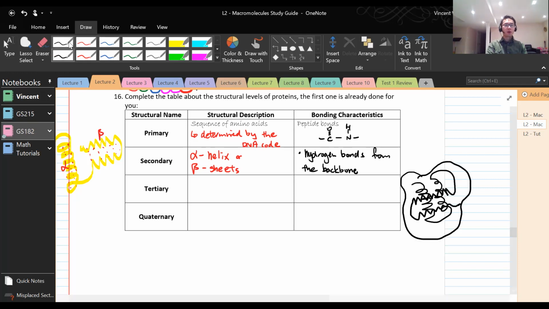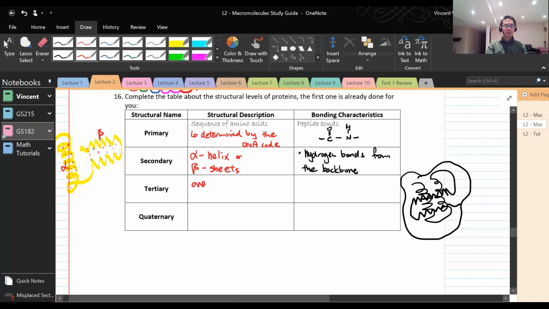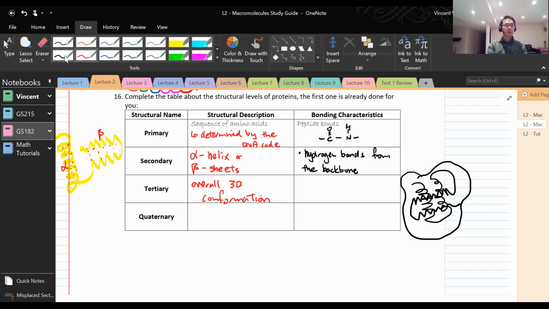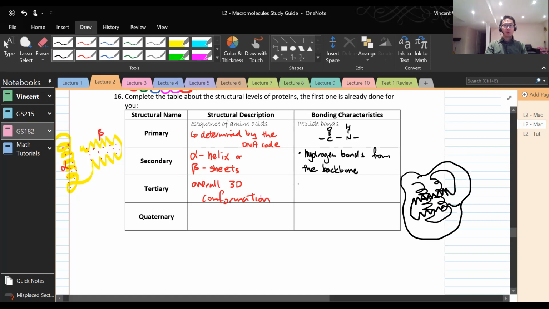So the overall 3D shape, overall 3D conformation, that means shape, that's what we call the tertiary structure. And what holds it together is the interaction between the side chains.